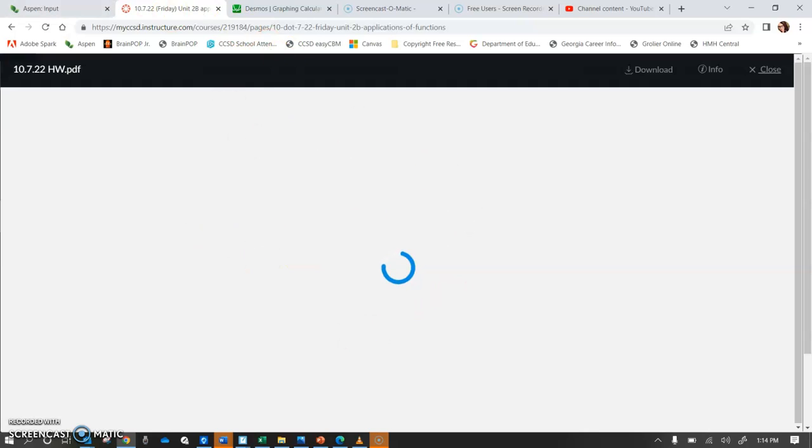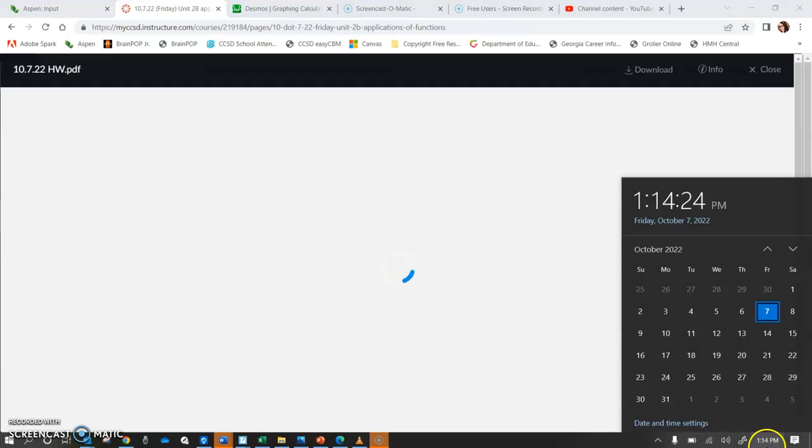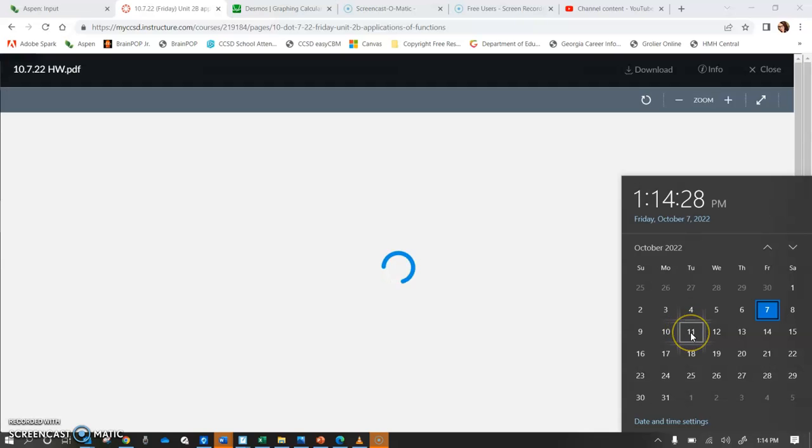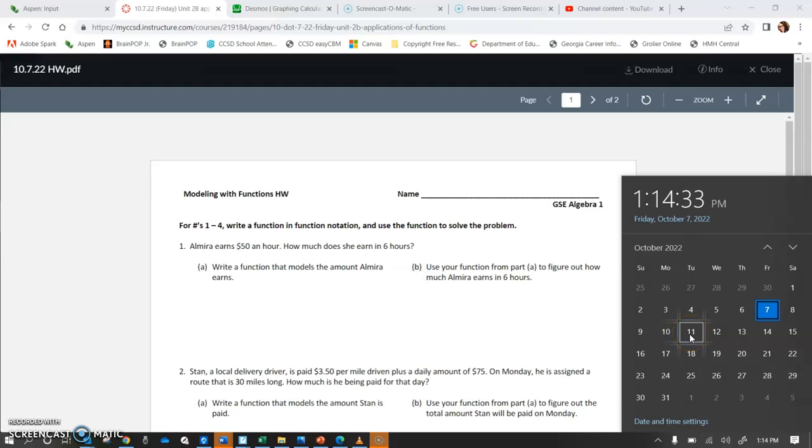Okay. The other thing I want to show you in Canvas is how to find the Delta Math. And I'll talk about it while this is loading. So that's the homework for tonight. Today's Friday. And you have until Tuesday, the 11th at 3:45 to complete the Delta Math.